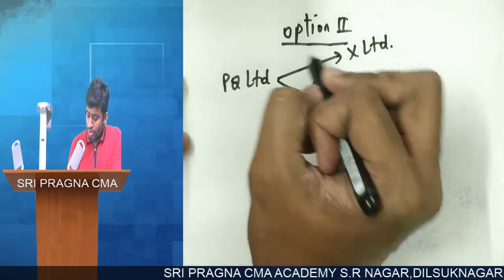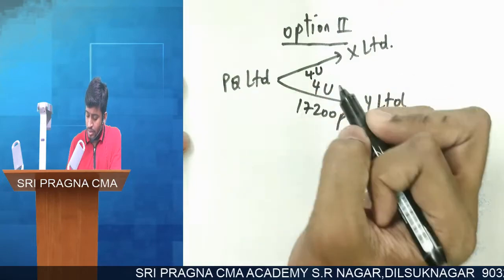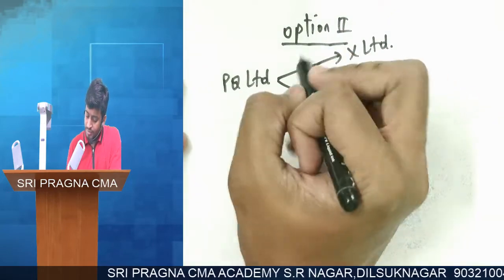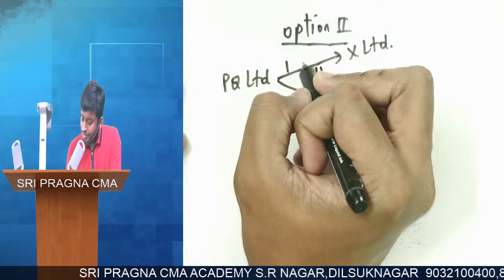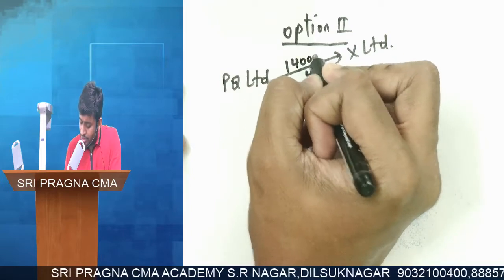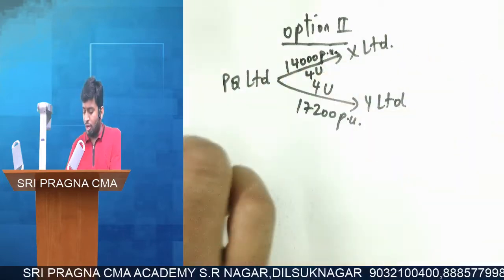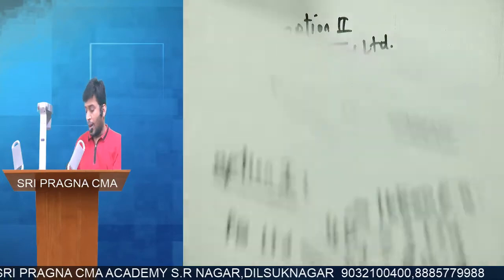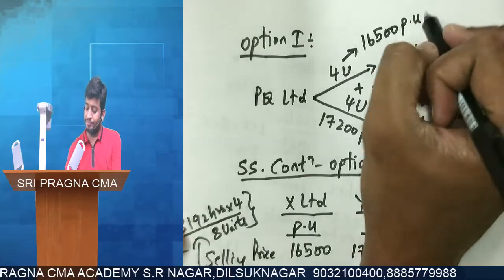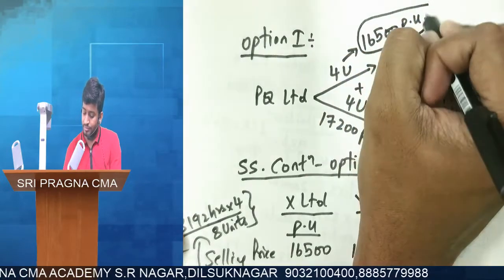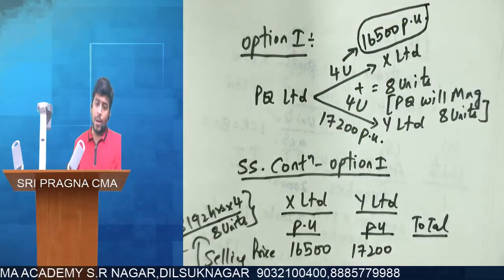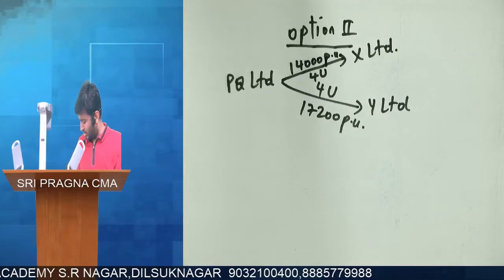X Limited also 4 units, but at the rate of 14,000 per unit. If you observe, in option 1 how much did we quote? In option 2 how much are we quoting?